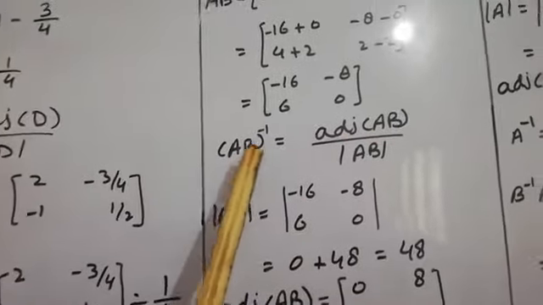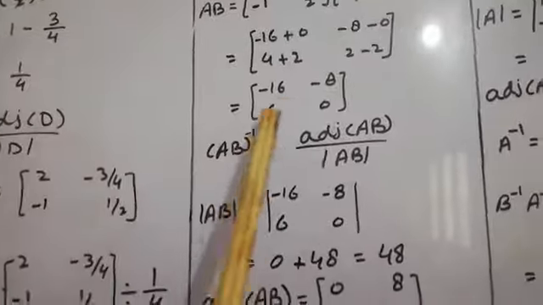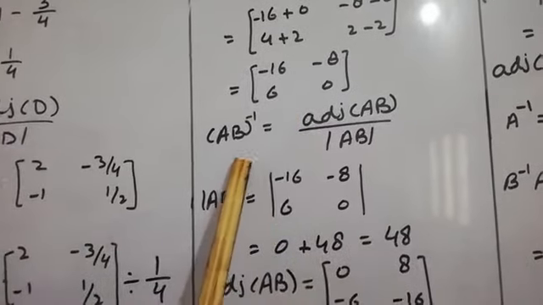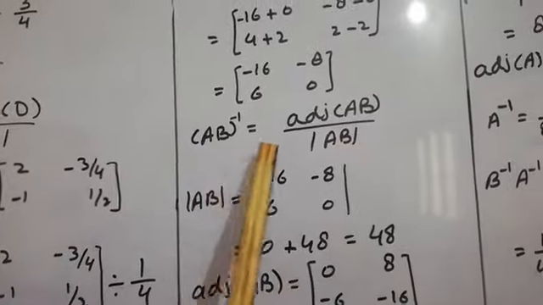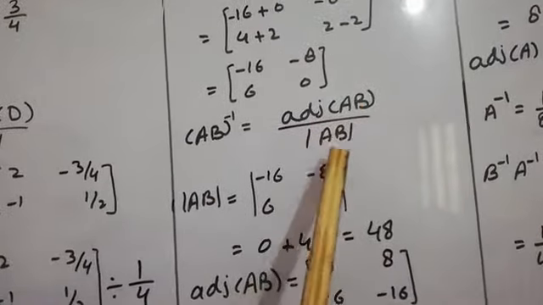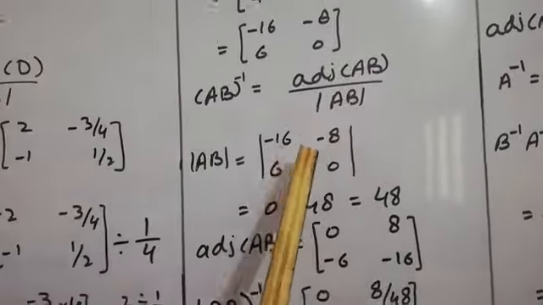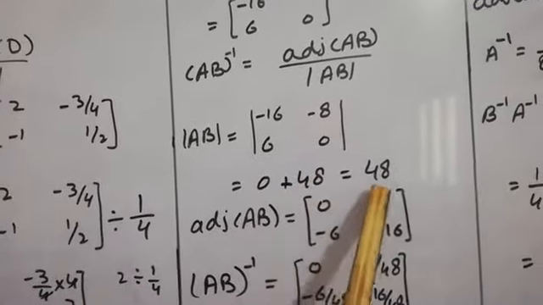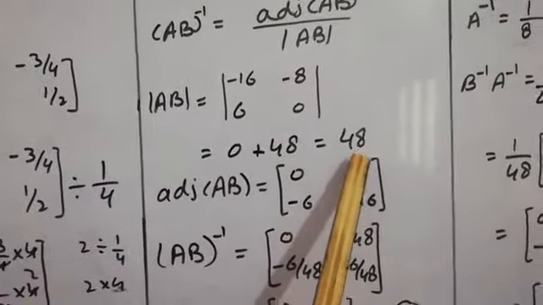Now we will take the inverse of this matrix. The name of this matrix is AB. So we will take the inverse of AB as adjoint of AB divided by AB determinant. First we will find the AB determinant, which is equal to 48.